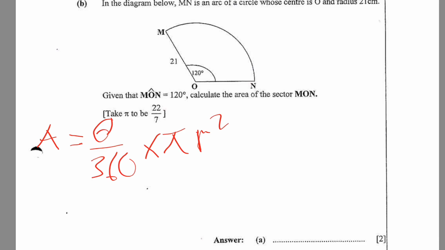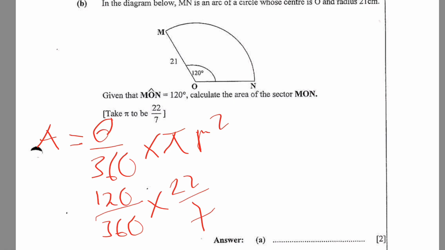Where there is theta, you substitute with the 120. So I'm going to say 120 degrees over 360 degrees multiplied by pi, which is 22 over 7, as we are given. Then the radius is 21 squared, so just write 21 times 21.